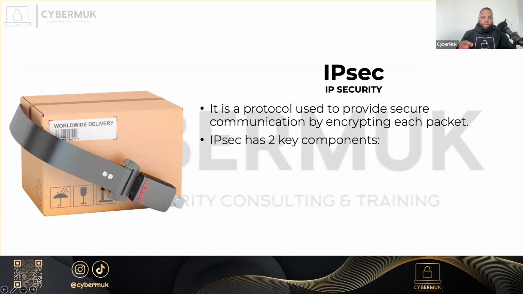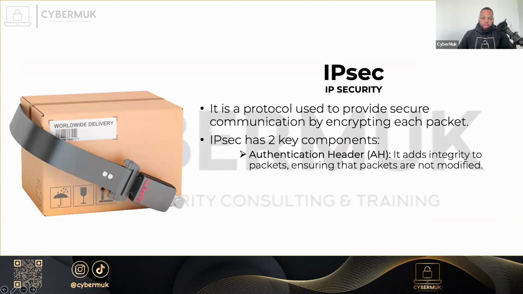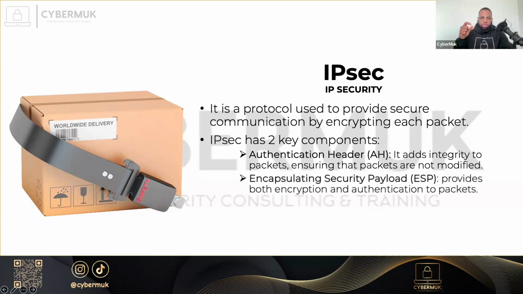Now, IPsec has two key components. There is one called authentication header, AH. This is used to add integrity to packets to make sure that packets are not modified. So when you say, hi, my name is Frank, the packet that has, hi, my name, should arrive the way it was sent. So authentication header makes sure that packets are not modified so that Sheila gets exactly what was sent to her.